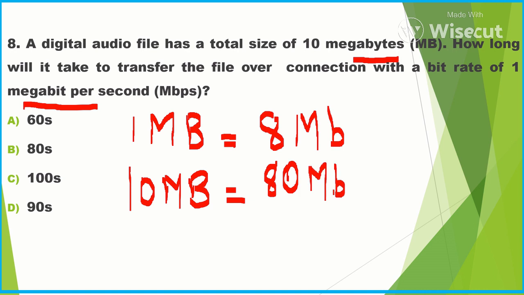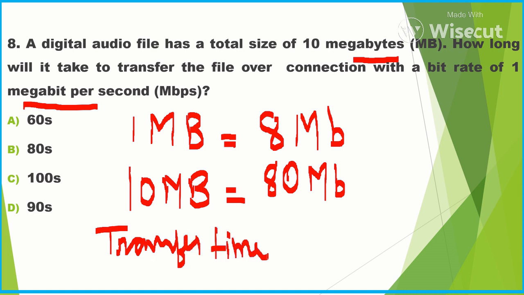Okay. And next we can use this bit rate to calculate the transfer time using the formula. So what is the formula for transfer time? Transfer time is equal to file size divided by bit rate. So what is the file size? That is 80 megabit, divided by the bit rate. So what is the bit rate?